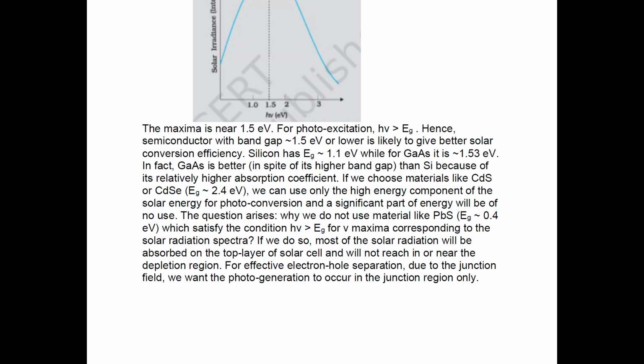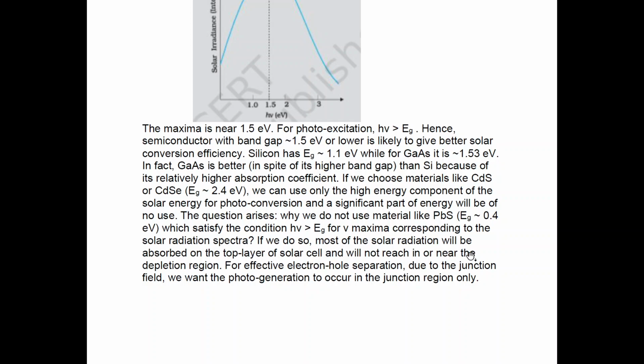Okay, so just for increasing your knowledge, let me tell you that mostly materials like CdS, CdSe, are very much commercialized in various devices. They have a band gap around 2.5 electron volt, but we can only use one component of this solar energy for the conversion. And also there are materials which have a very small band gap, like 0.4 electron volt, which satisfy the condition h nu greater than band gap, but why do we not use them?